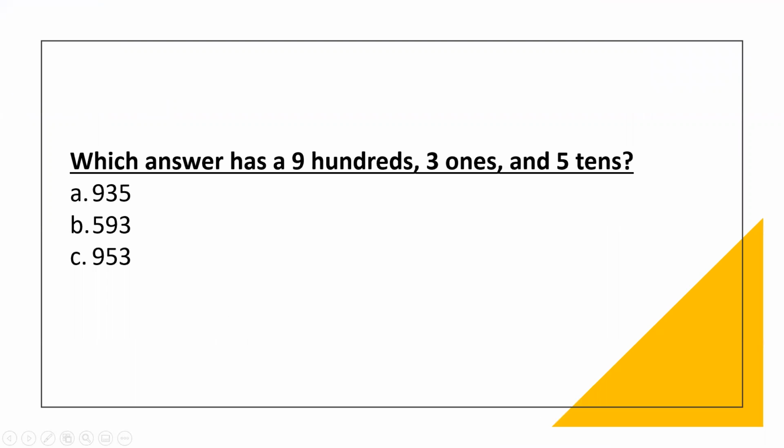Ooh, and then this one's my favorite because we're going to practice with these a lot this week. Which answer has a 9 in the hundreds place, a 3 in the ones place, and a 5 in the tens place? So let me pull out my pen again to write on the board. I'm going to have my hundreds, tens, and ones chart.